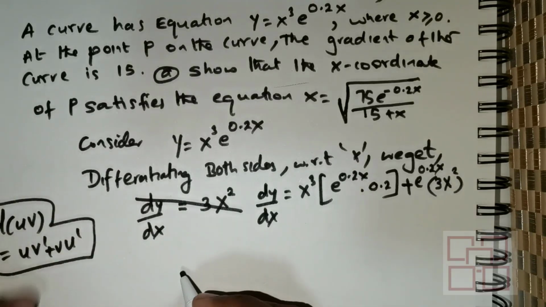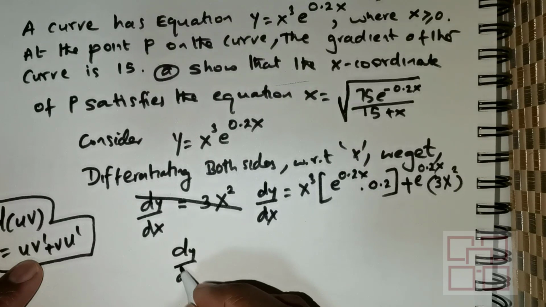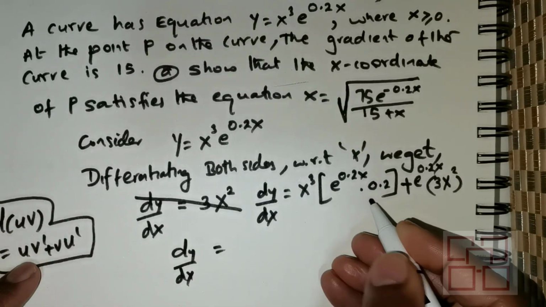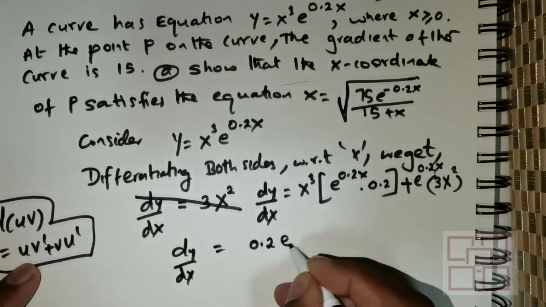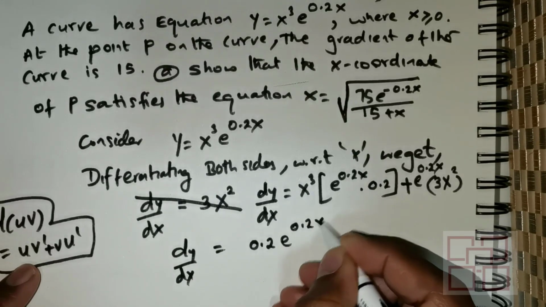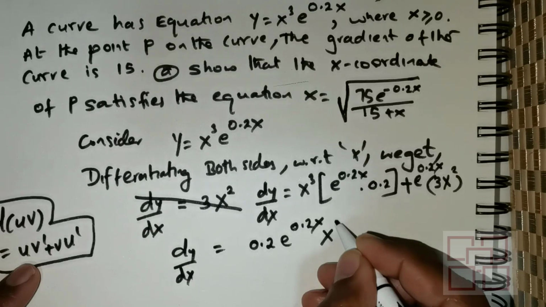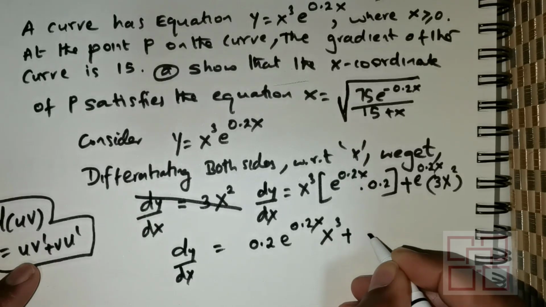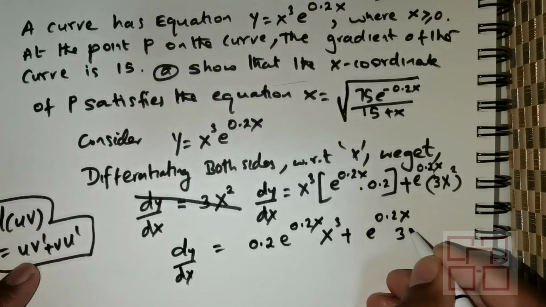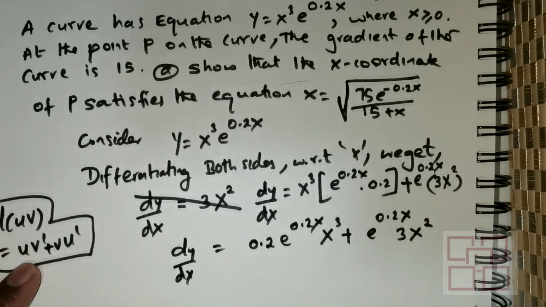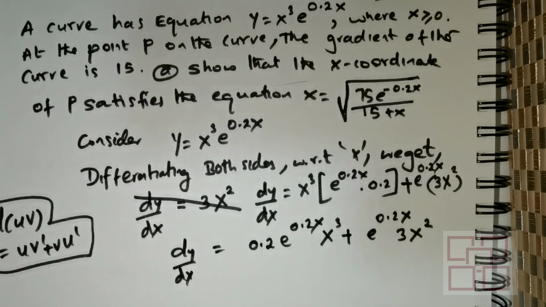Now I would rewrite this as dy over dx is equal to 0.2 times e raised to the power 0.2 times x times x cubed, plus e raised to the power 0.2 times x times 3x squared. So this is my dy over dx.